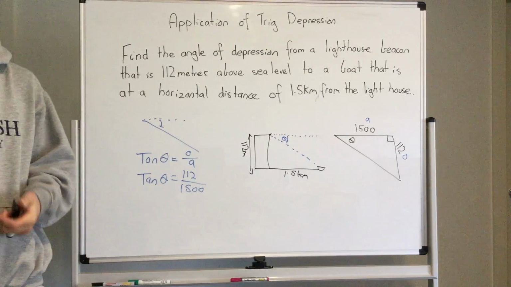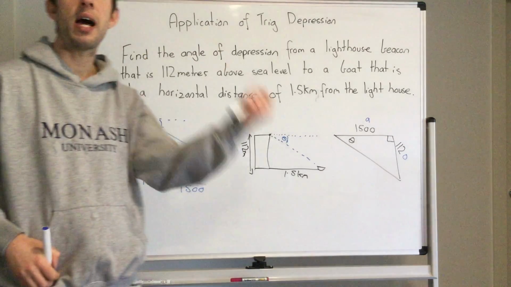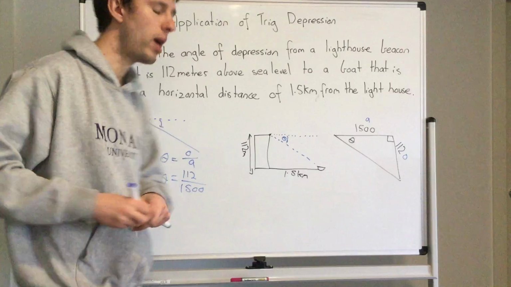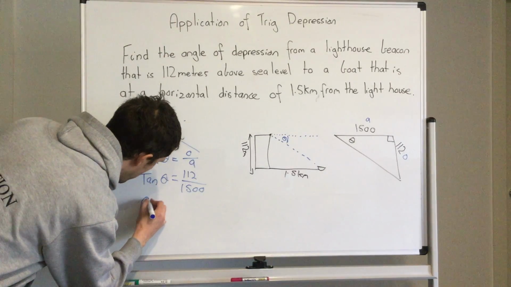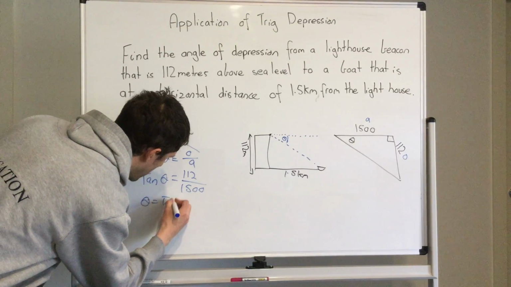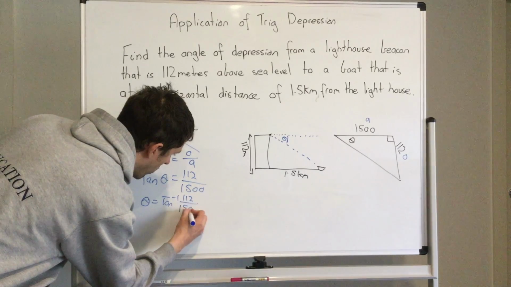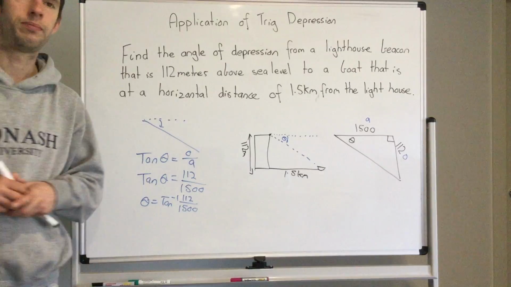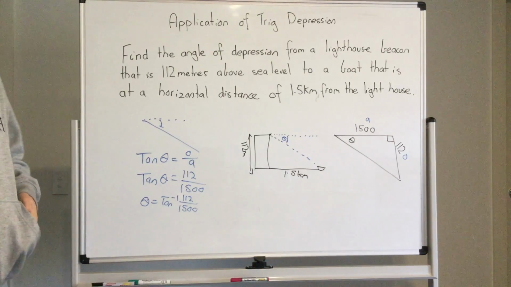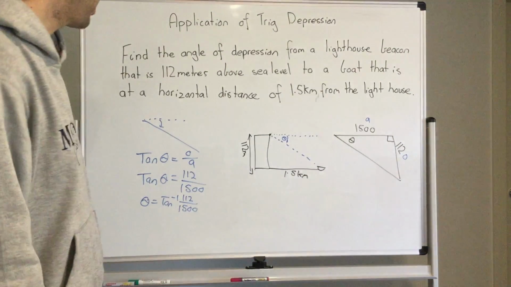I want to get alpha by itself, which means I take tan to the other side and it becomes tan negative 1. So alpha equals tan negative 1 of 112 over 1,500. Now all we need to do is use our calculator.